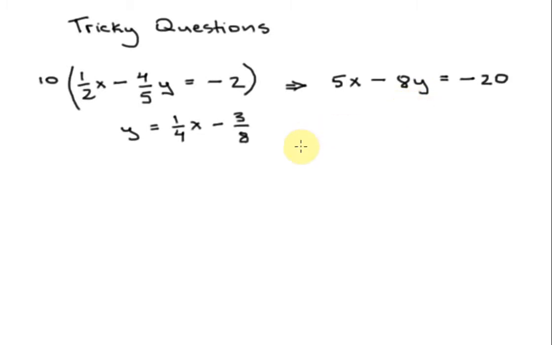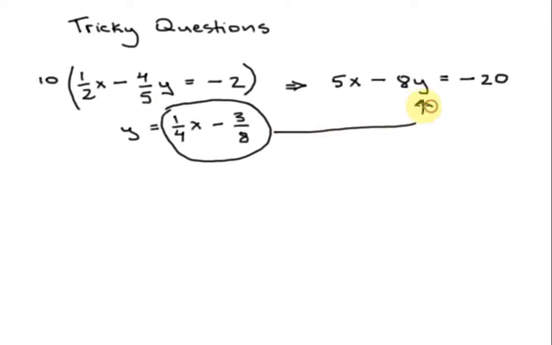Now the next equation has fractions in it, but it's also arranged so that it has y equals. So I'm tempted to go ahead and use substitution. I'm going to take all of this and stuff that in for the y in this equation that has no fractions.